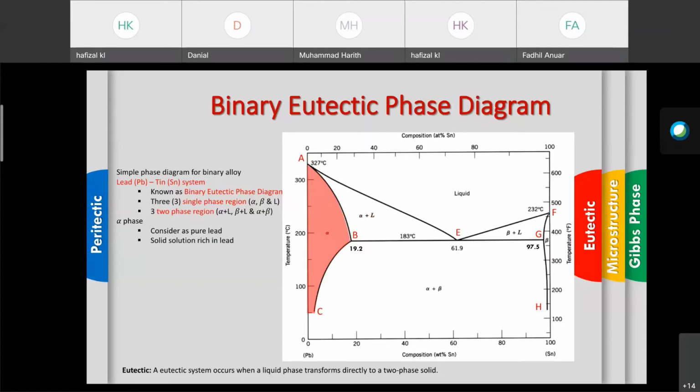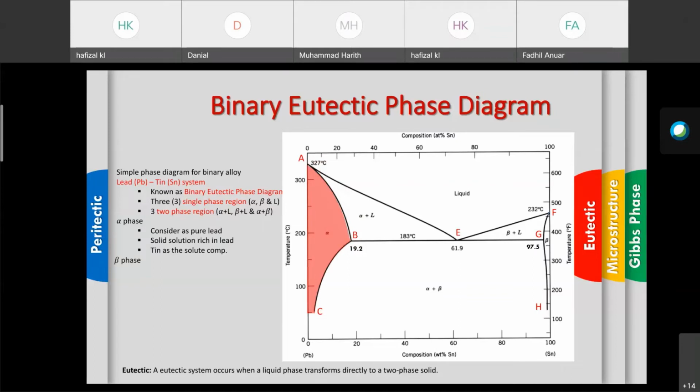Solid area. And then for the tin, for the line here, we have the composition of the solute existing in tin.